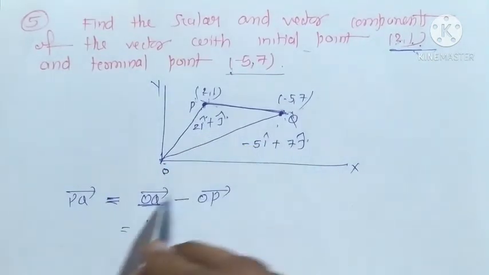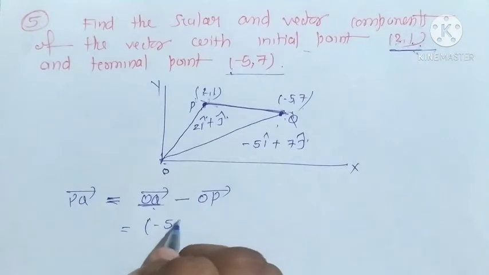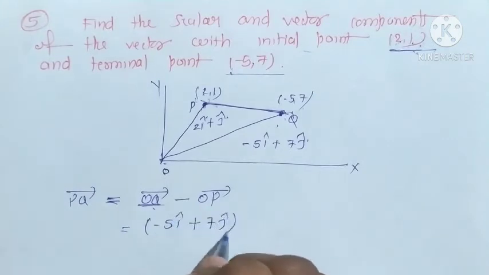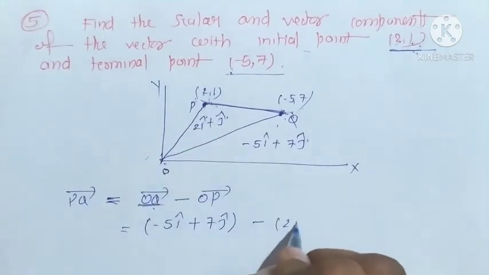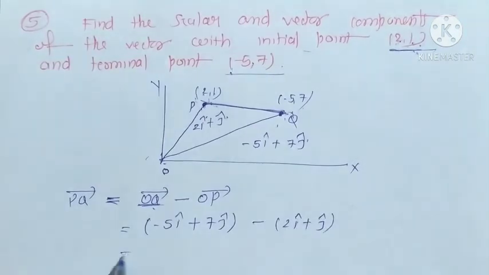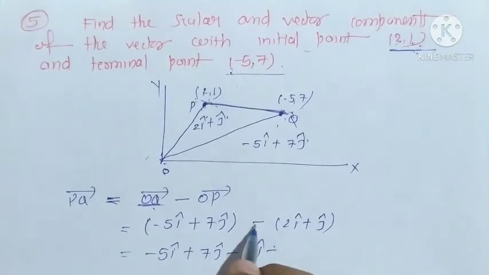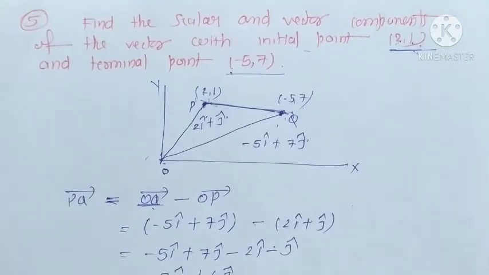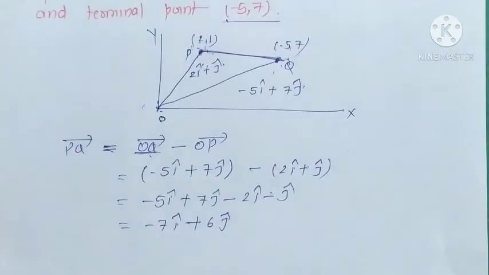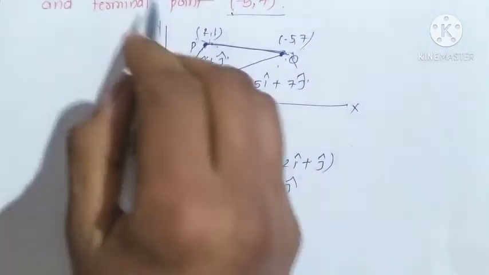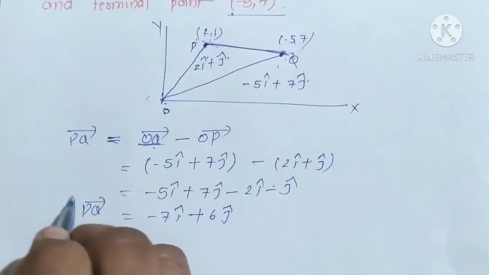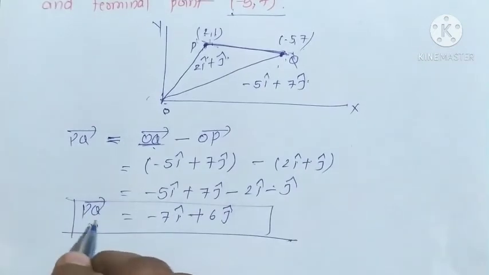So O to Q, -5i plus 7j, minus OP, 2i plus j. So -5i plus 7j minus 2i minus j, which gives -7i plus 6j. This is the vector PQ. This is our vector.